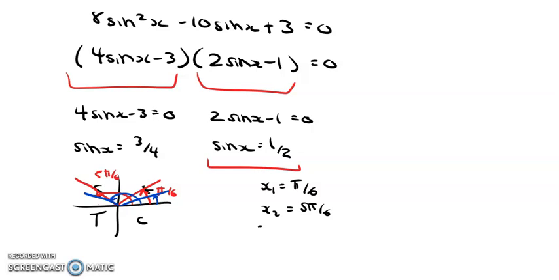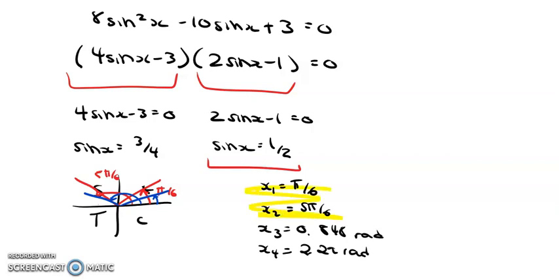So we would say x3 is equal to 0.848 radians, and then x4 is equal to 2.29 radians. And those would be our solutions for this quadratic trigonometric equation.